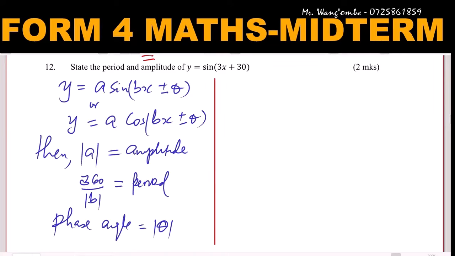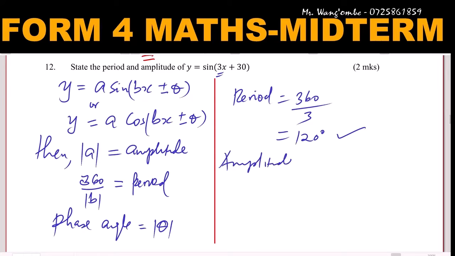So in this particular question, when you compare, the period will be 360 divided by b, which in this case is 3, so it will be 120. Then the amplitude is 1, since the coefficient of sine is 1.